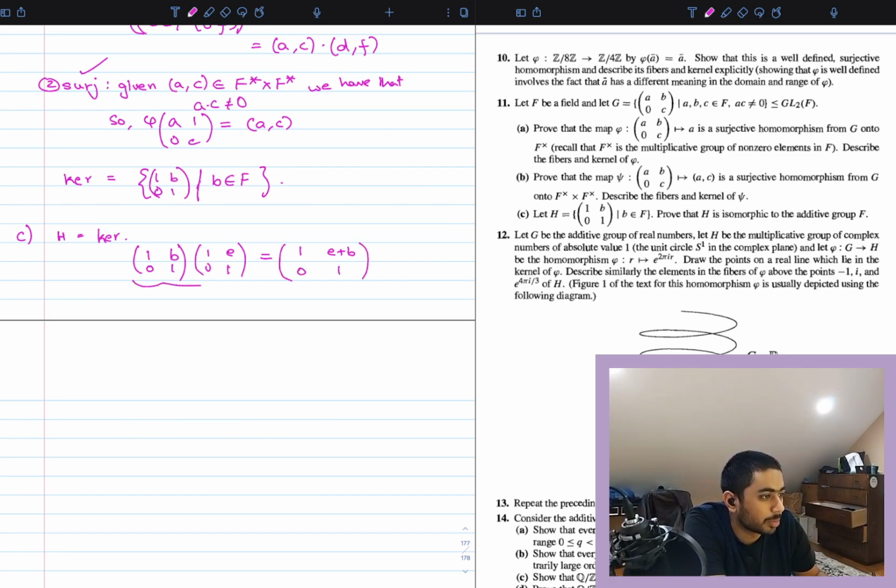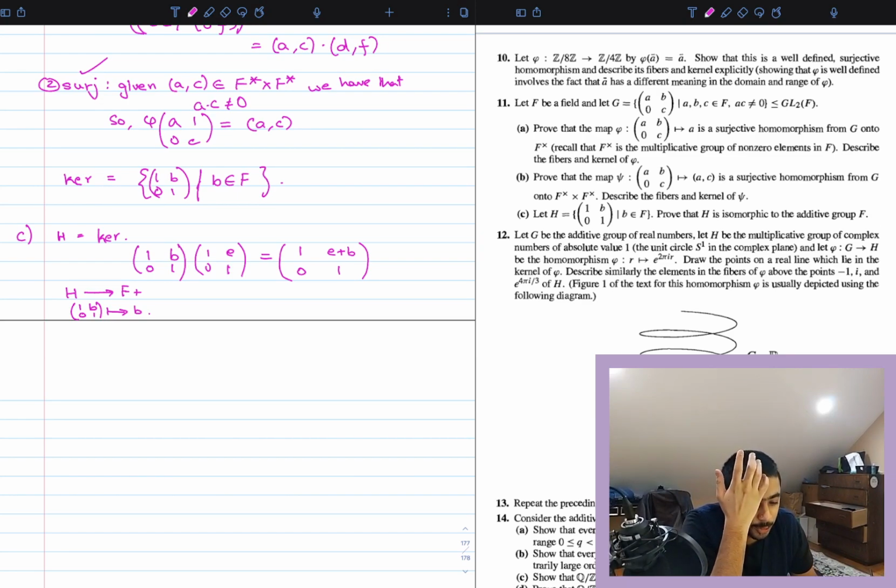So multiplying actually just has the effect of adding. So you can make a map from H to F plus that sends the matrix 1B01 to the element B. And this is an isomorphism for this very reason, that when you multiply them, you get the sum here. So it's a homomorphism.